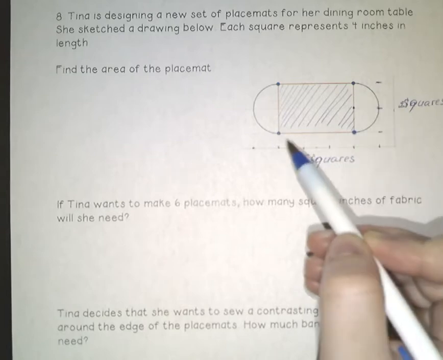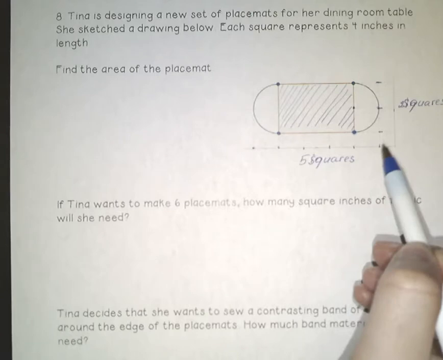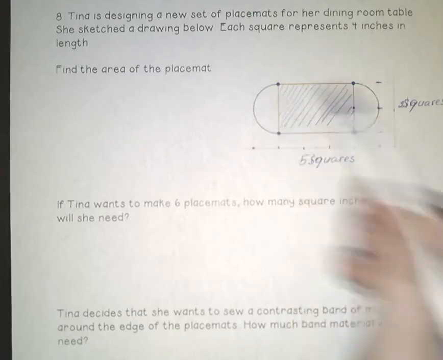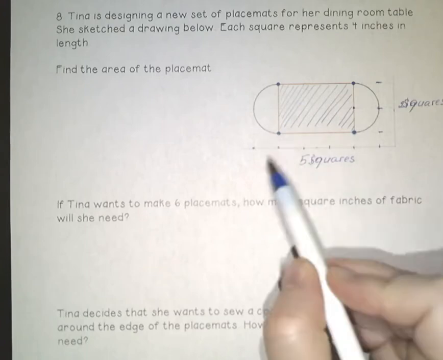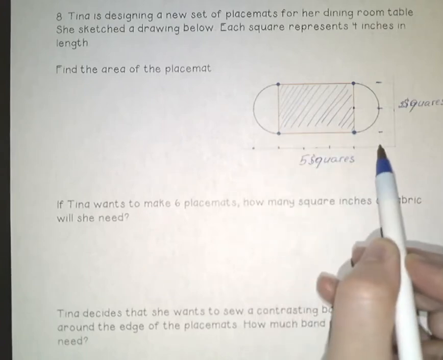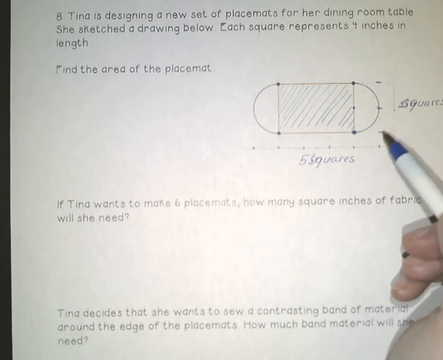It's hard to see for you, so I kind of pointed out the squares around that this placemat is drawn on. So in length, the placemat is 5 squares long, and in the width, it's only 2 squares.